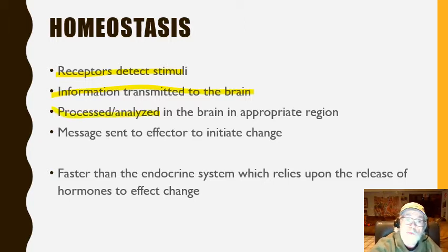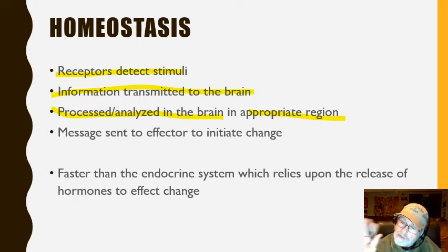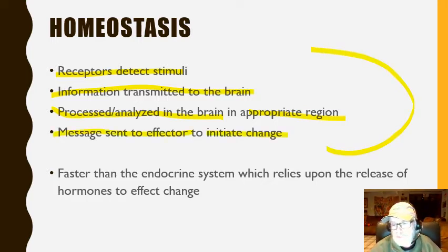It's analyzed or processed in the brain in the appropriate region, and there are multiple regions. A lot of it's in the hypothalamus. If it's right, let it go. It's fine, no problem, we're good, just keep at it. However, if it's wrong, a message is sent to an effector to initiate a change to get back to what's normal. And that's basically what homeostasis is.